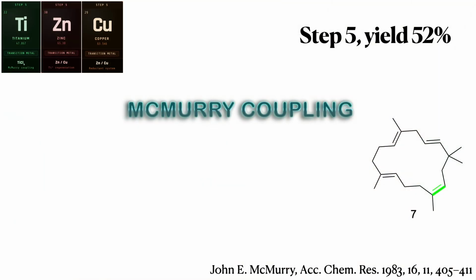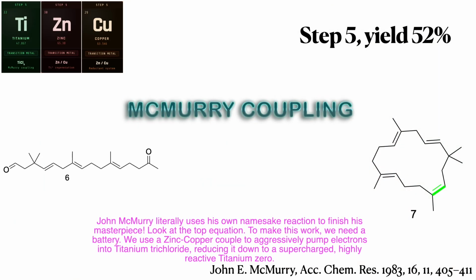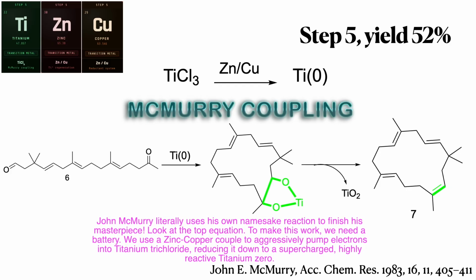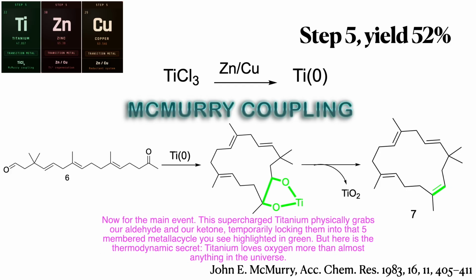The McMurry coupling. John McMurry literally used his own namesake reaction to finish his masterpiece. Look at the top equation. To make this work, we need a battery. We use a zinc-copper couple to aggressively pump electrons into titanium trichloride, reducing it down to a supercharged, highly reactive titanium 0. Now for the main event. This supercharged titanium physically grabs our aldehyde and our ketone, temporarily locking them into a 5-membered pinacol cycle you see highlighted in green.